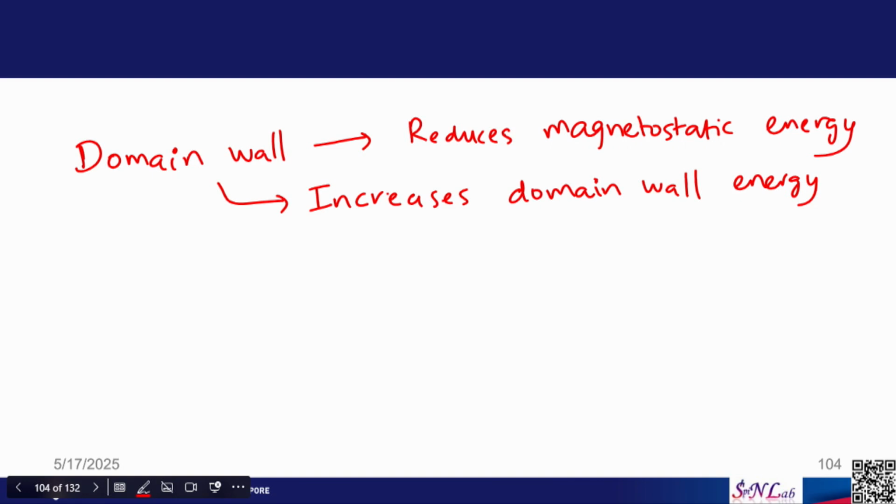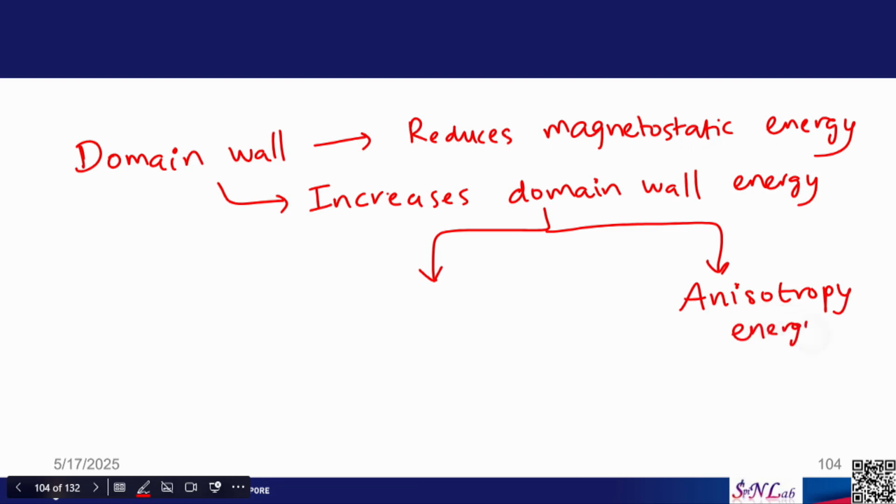This domain wall energy comes from two aspects. One is the anisotropy energy. The other contribution is coming from exchange energy.